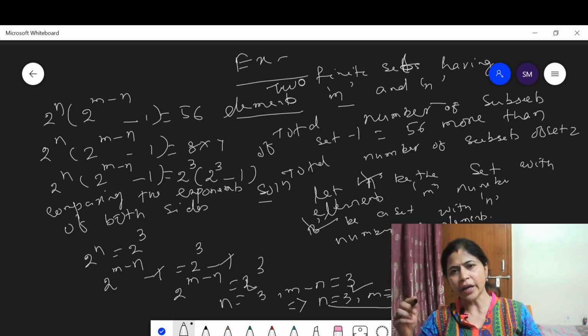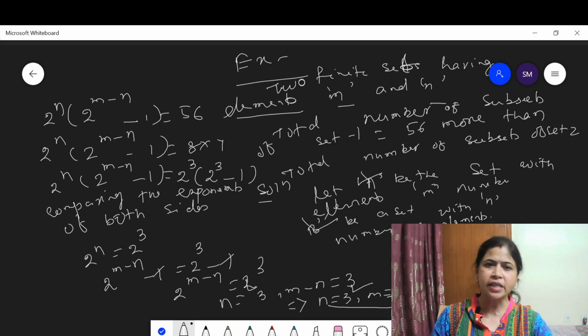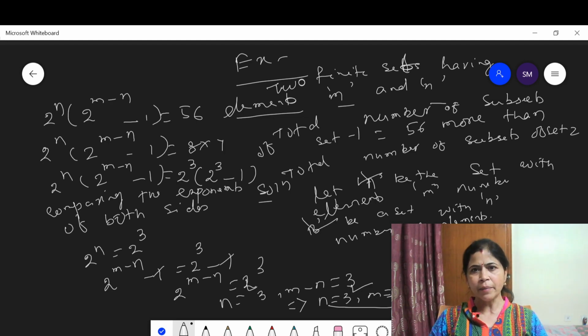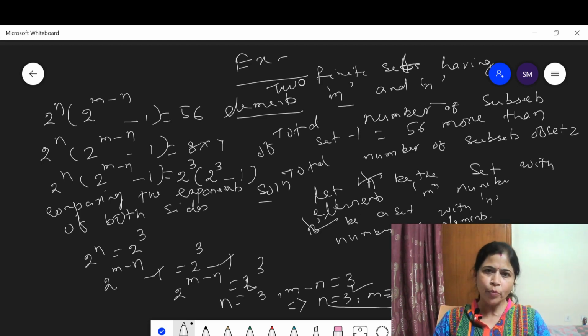Now let us discuss the example from the start. Here the question is given: two finite sets having m and n number of elements, and the total number of subsets of set 1 is equal to 56 more than the total number of subsets of set 2.